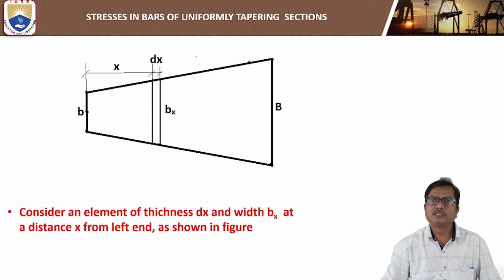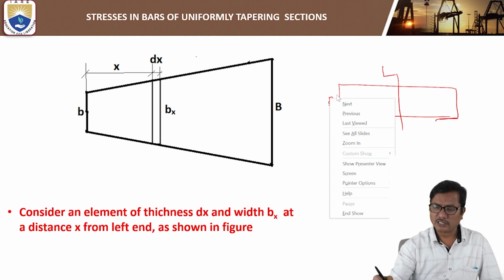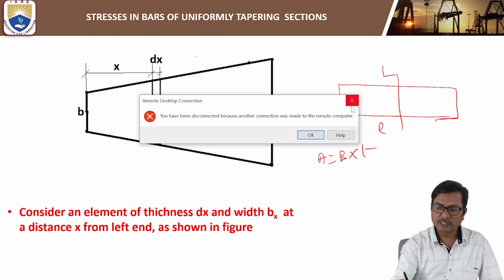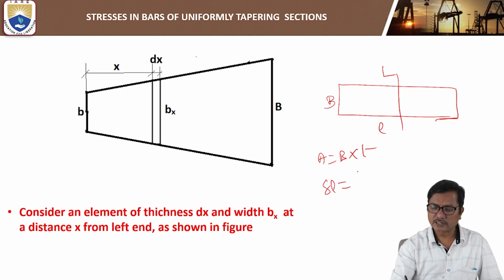So how do we find the total elongation? If it is a bar of uniform cross section, with breadth B and thickness t, the cross sectional area being B into t, then we can easily find the extension. The extension delta L is PL by AE.